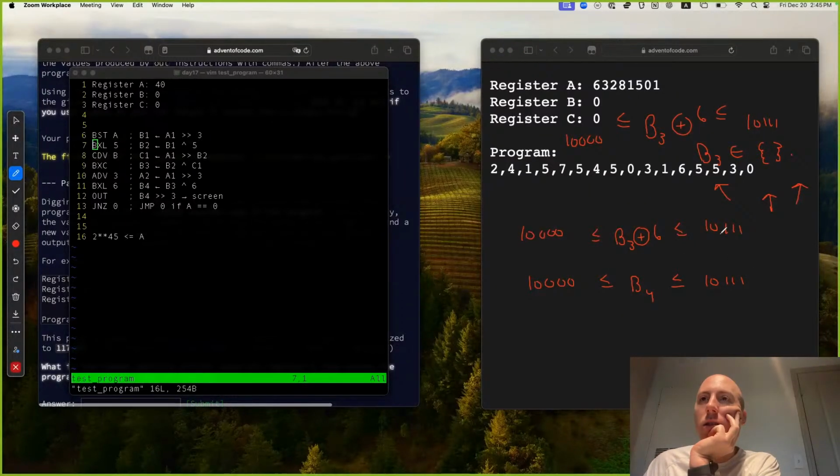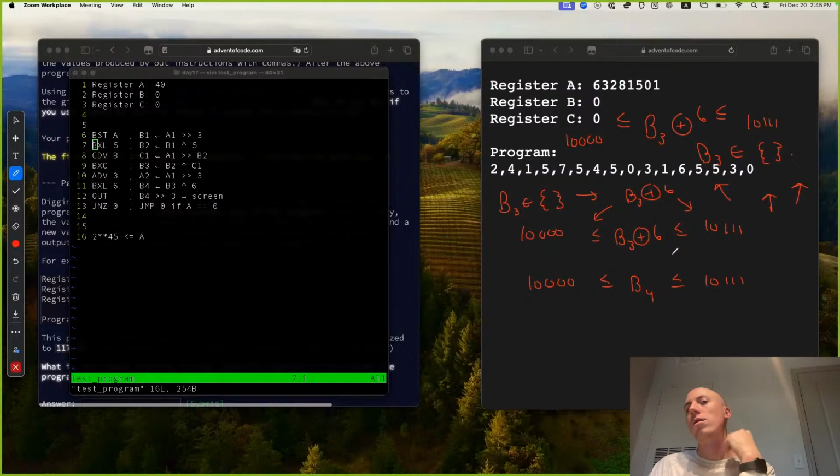So it's like, if B3 is in this set, then B3 XORed with 6 is in this range.